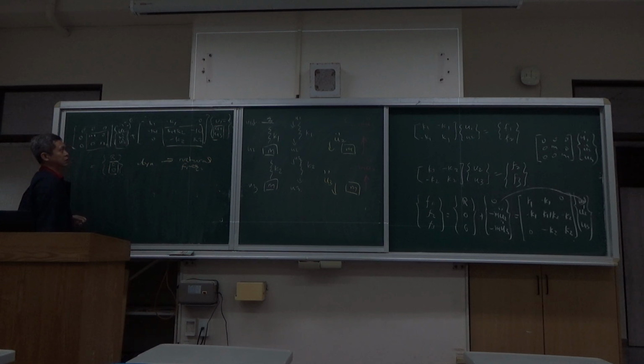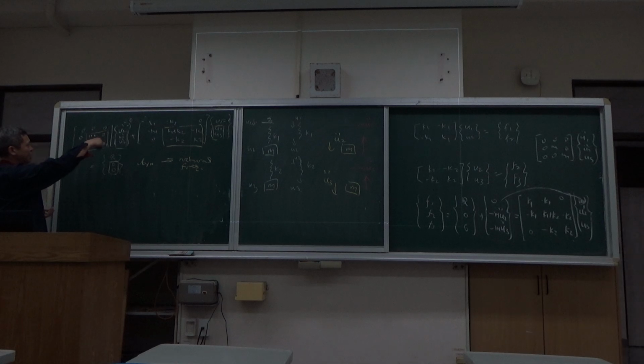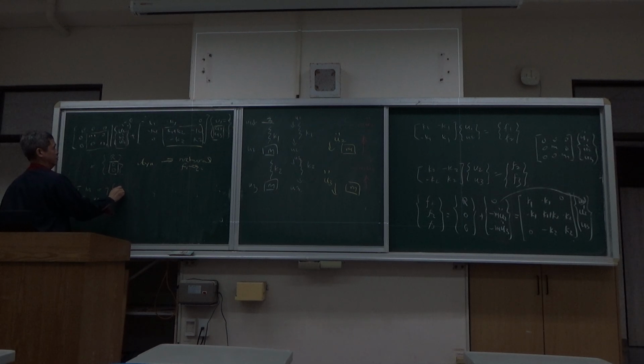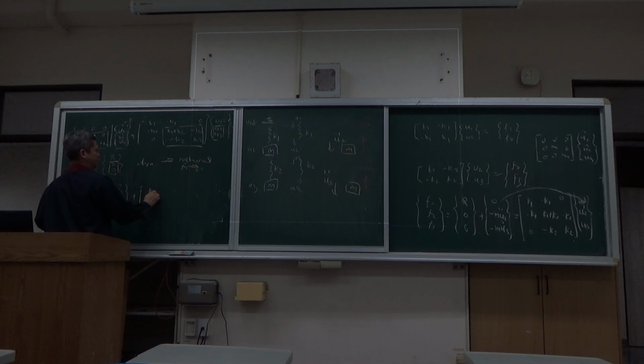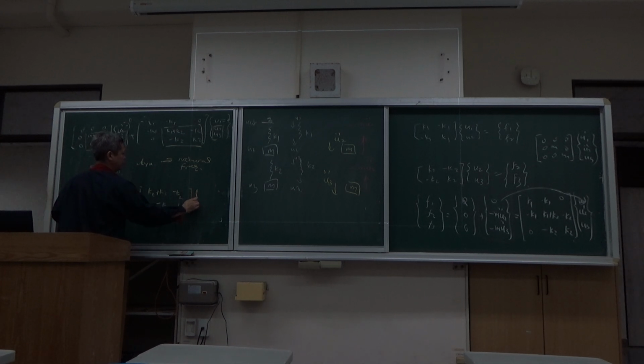So then you add them up, then you have m 0, 0, m, u2 double dot, u3 double dot, plus K1 plus K2, minus K1, minus K2, minus K2, K2, and then u2, u3 equal to 0, 0.